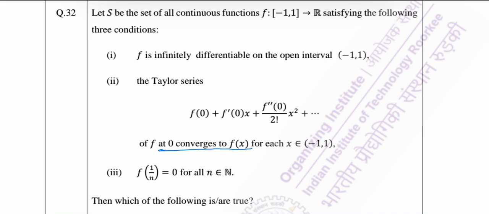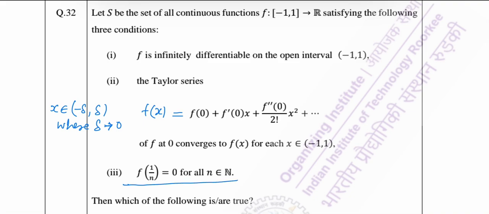This means that we can assume this Taylor series as f(x) if the interval is very small, that is x belongs to minus delta to delta, where delta tends to 0. Okay, now we impose the third condition.